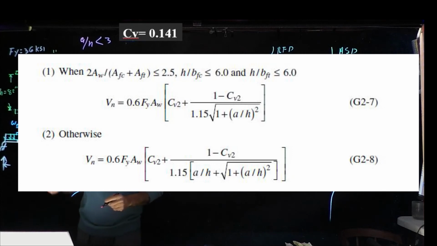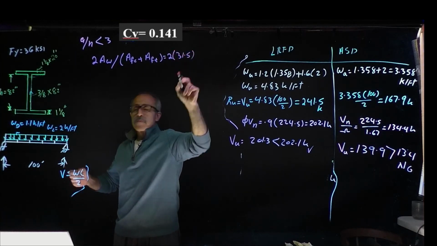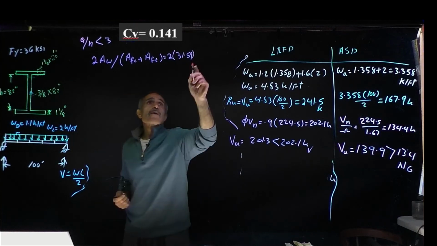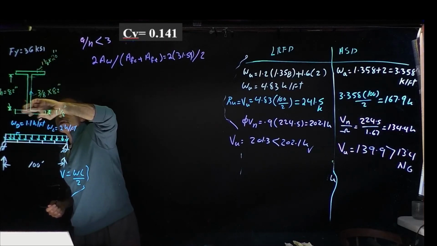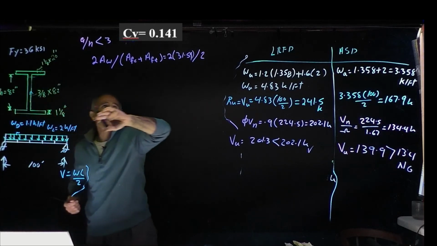Therefore, I have 2 times AW divided by the area of the flange in compression plus the area of the flange in tension, which is equal to 2 times 31.59, which we had before, divided by 2 times the area of the flange, since they're both basically equal.